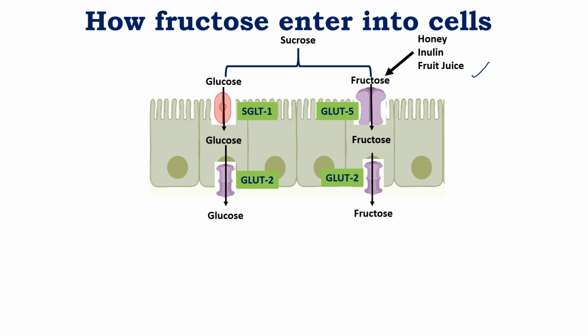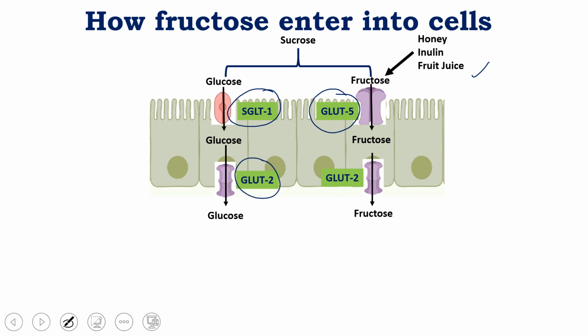It means both glucose and fructose enter into the cell with different kinds of transporters. Glucose enters with SGLT1 and fructose with the help of GLUT5, whereas both exit from the cell with the help of the same insulin independent transporter, GLUT2.